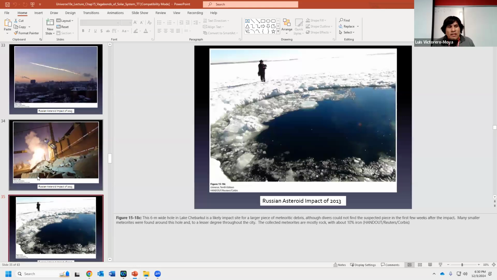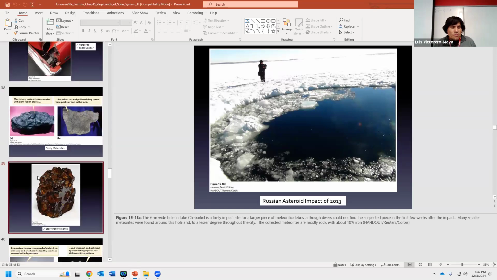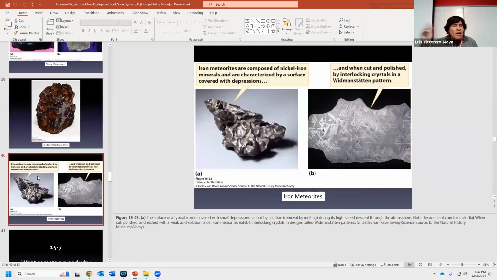A lot of this happens in the northern hemisphere, by the way. And this has to do with the way that the meteor, in this case the asteroid, enters the planet. Because some of these iron meteorites can be deflected by the magnetic field of the planet, they are deflected towards the north.